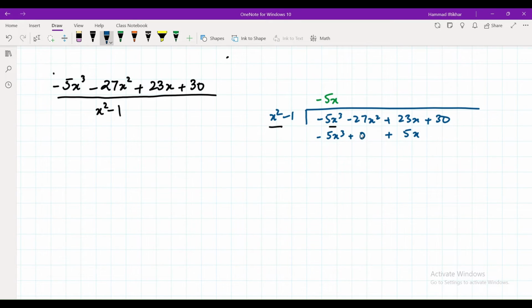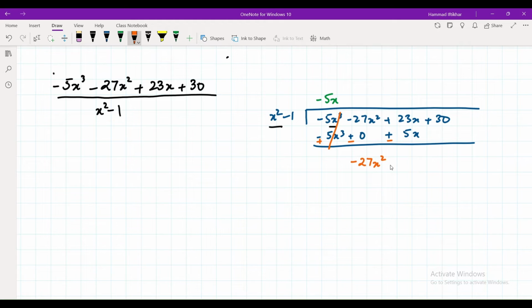So this could be 0 over here. So when we do this, we get plus, minus, minus. This cancels out. We are left with minus 27x squared.